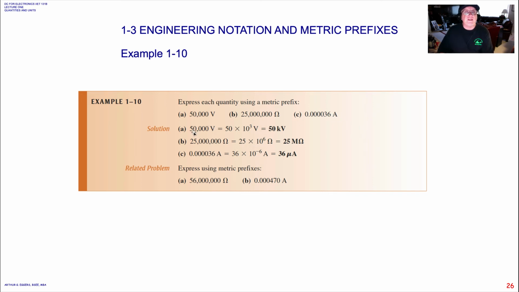So in each case, 50,000 volts, 50 times 10 to the third becomes 50 kV. 25 million ohms becomes 25 times 10 to the sixth ohms, or 25 mega ohms. And this value becomes 36 times 10 to the minus 6. When I move that decimal point 6 places over, I get 36 microamps.